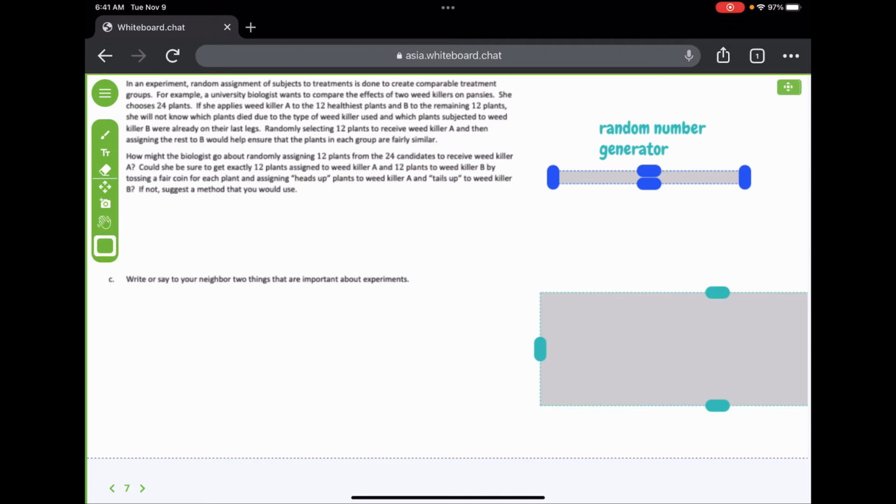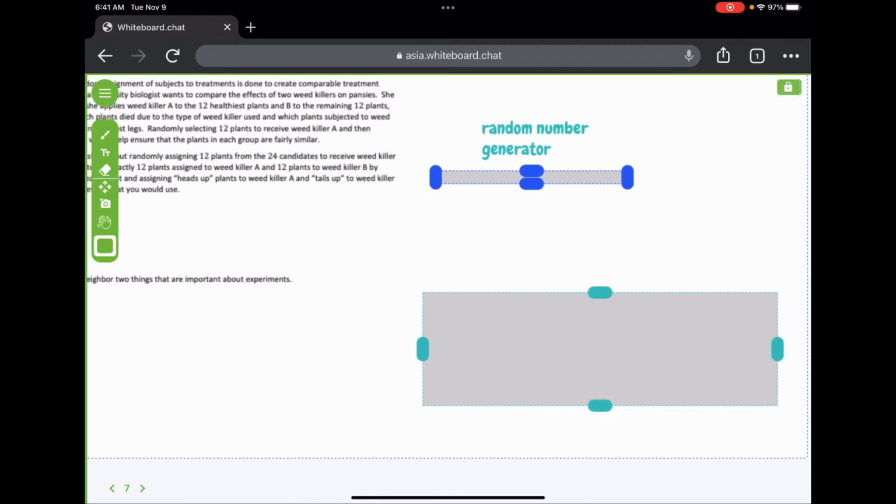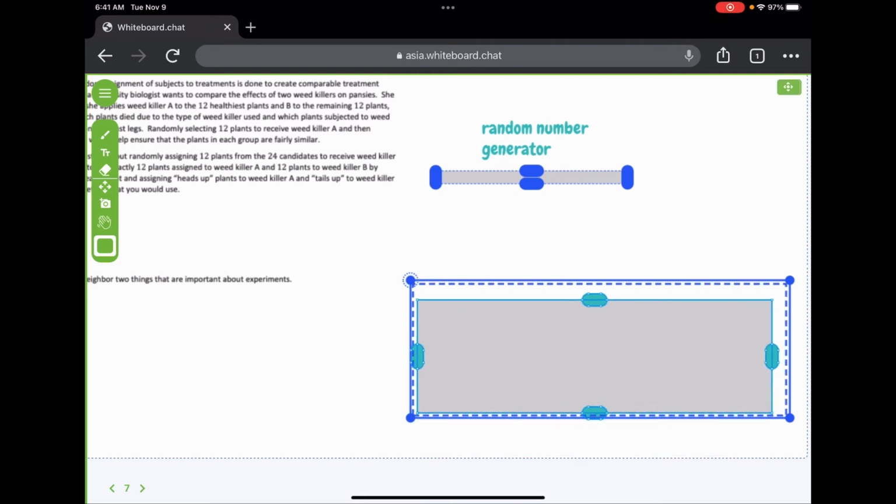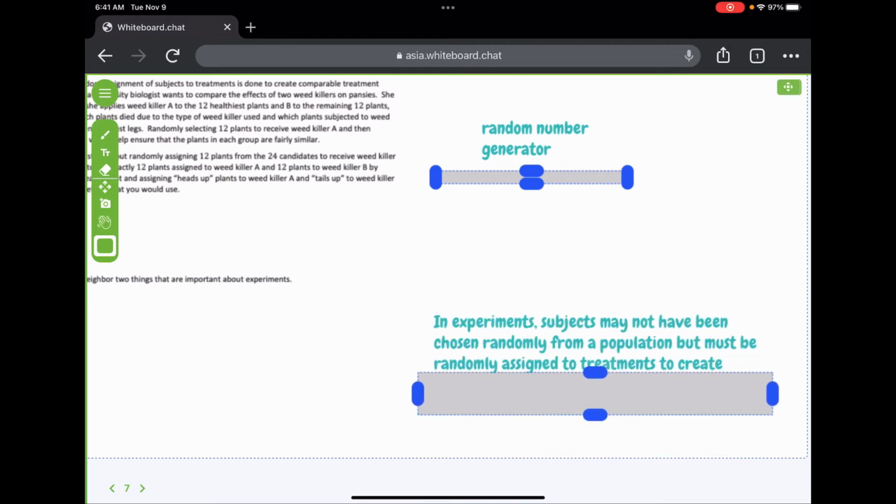So now it says, write or say to your neighbor 2 things that are important about experiments, right? So let's talk about what's important when we're talking about experiments. Okay. It says, in experiments, subjects may not have been chosen randomly from a population, but must be randomly assigned to treatments to create comparable treatment groups.